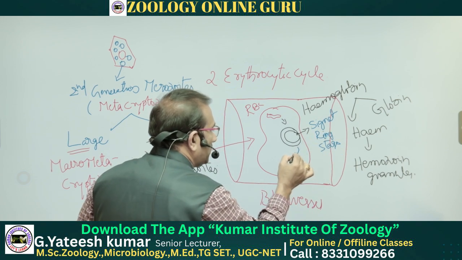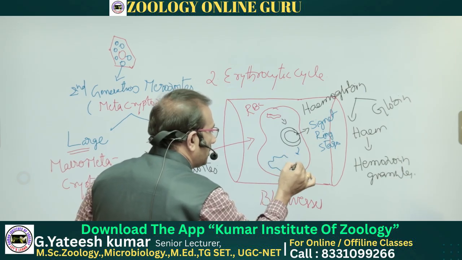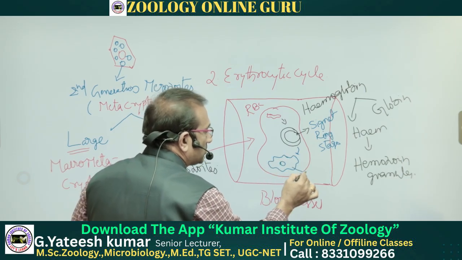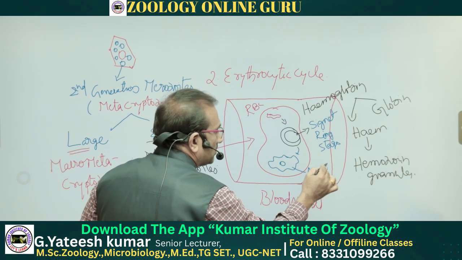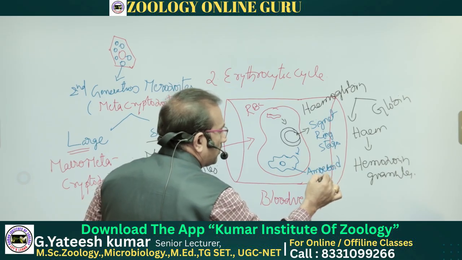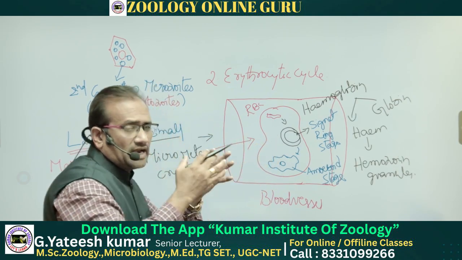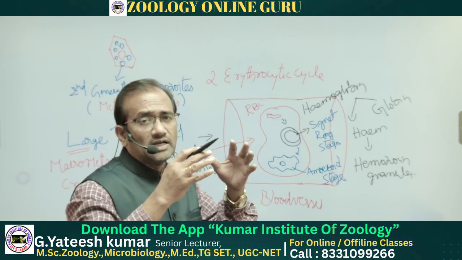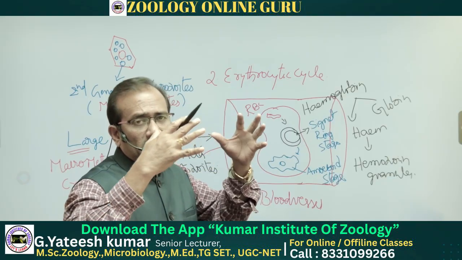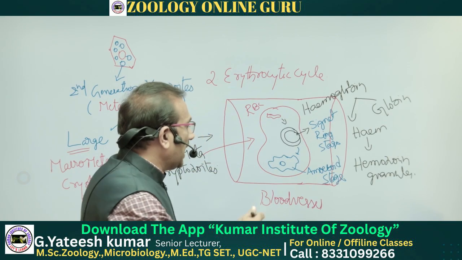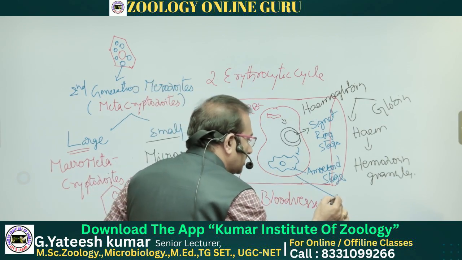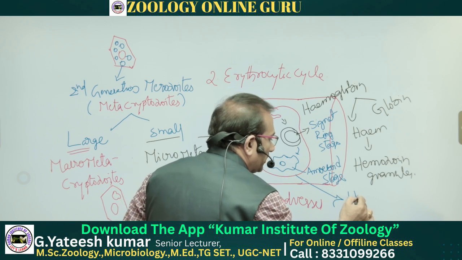Then they are converted into the amoeboid stage. The amoeboid stage increases in size, and as the amoeboid stage increases, the size of the RBC also increases. That increase in the size of the RBC is known as hypertrophy.